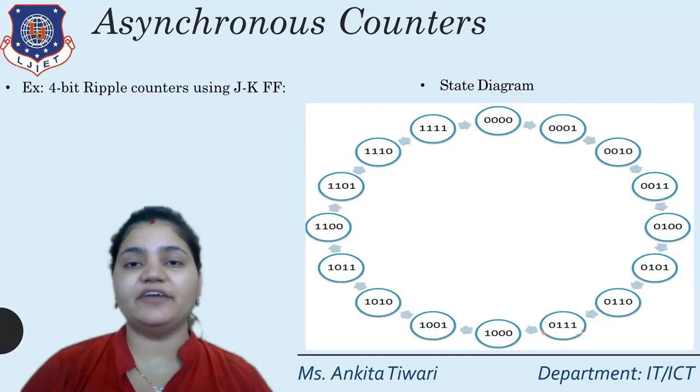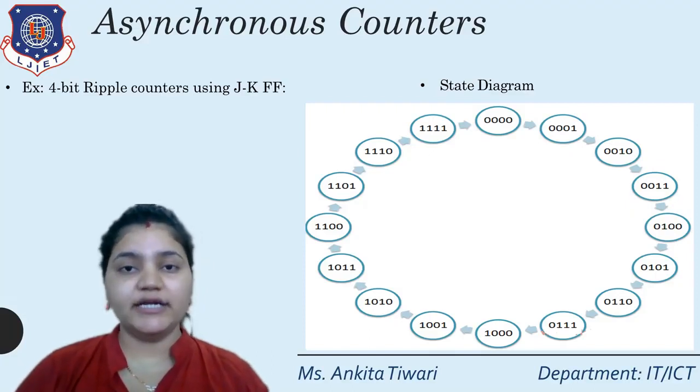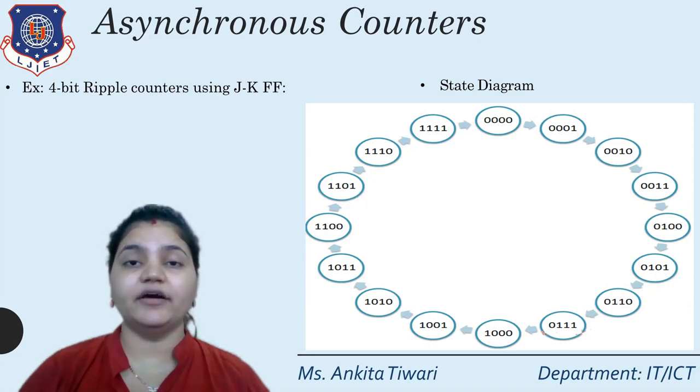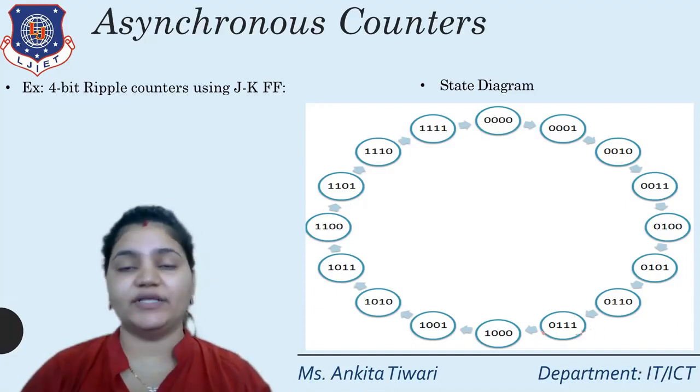Now the first step that we are following is state diagram. Now what is a state diagram? State diagram is the pictorial representation, the circuitry representation of the present state and the next state. Now when we are finding with respect to present and next, we can say that the first state, suppose we are starting with 4-bit, the first value will be 0, 0, 0, 0 because it counts in sequence.